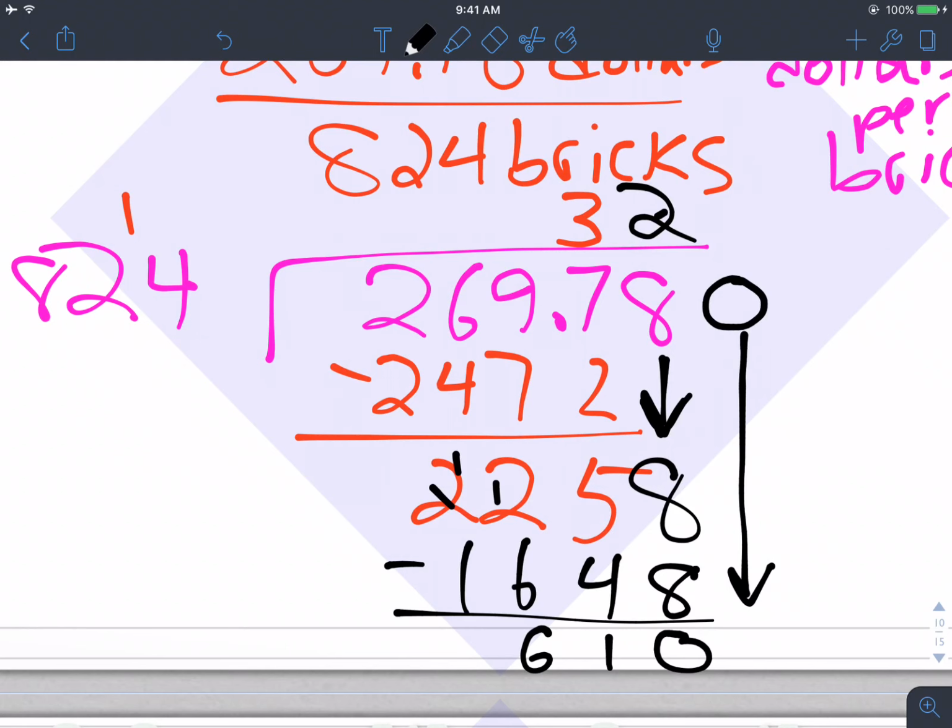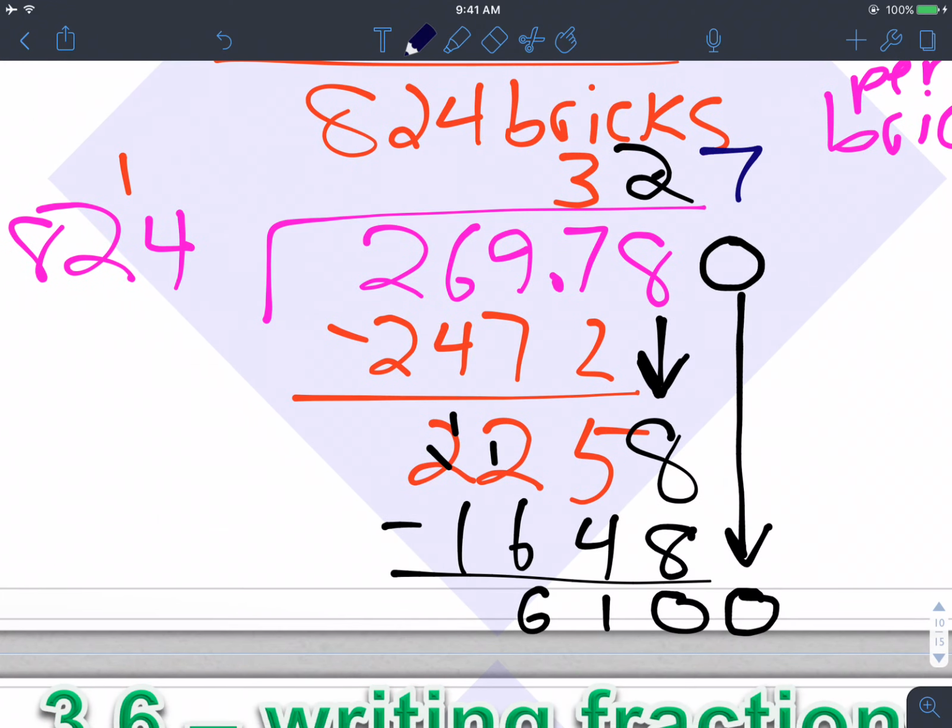So let me do one more here. How many times is 824 going into 6100? Well, 8 times 8 is 64. So I think maybe one less, and I'll pick 7. So now 7 times 4 is 28, and 2. 7 times 2 is 14, 15, 16, 56, 57, and so on.